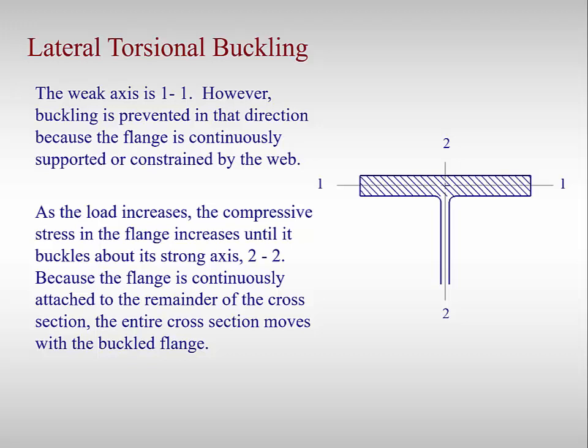However, the flange is continuously attached to the web, which prevents it from buckling about this axis. However, if the stress is high enough and the compression flange is not sufficiently laterally braced, the flange may buckle about its strong axis or the 2-2 axis.